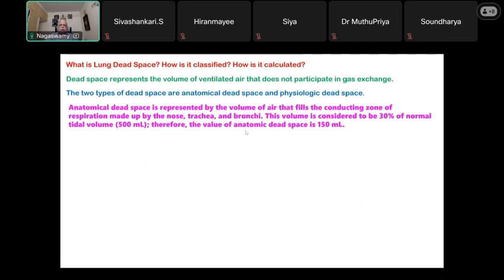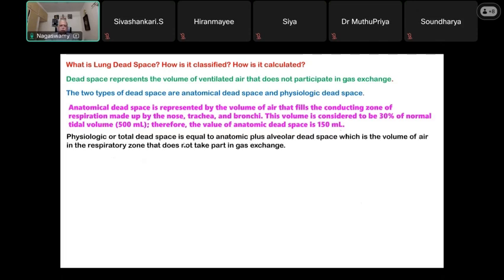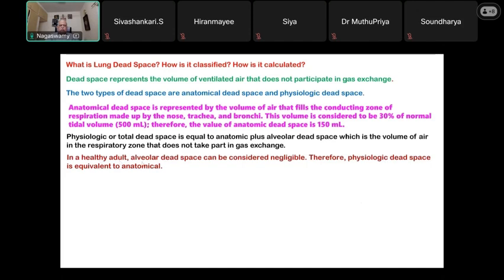And this is roughly 150 ml, 30% of normal tidal volume. Physiological or total dead space equals anatomic plus alveolar dead space, where there is no perfusion but only ventilation is taking place. In a healthy adult, alveolar dead space is very negligible. Therefore, physiological dead space is always equal to anatomical dead space in a healthy individual.